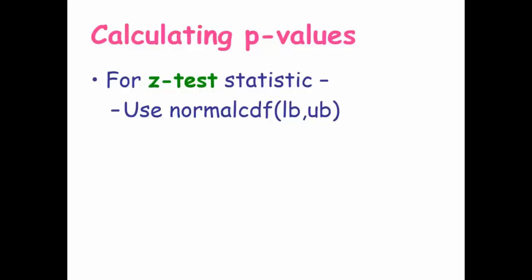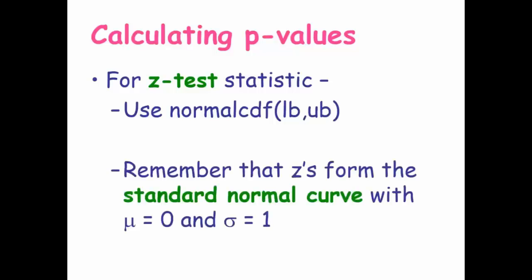Now we're going back to looking at z-scores from a standard normal curve. In other words, we're calculating a z-score based on the proportional data, just like observed minus expected divided by standard deviation, this time the standard deviation of the given sample.